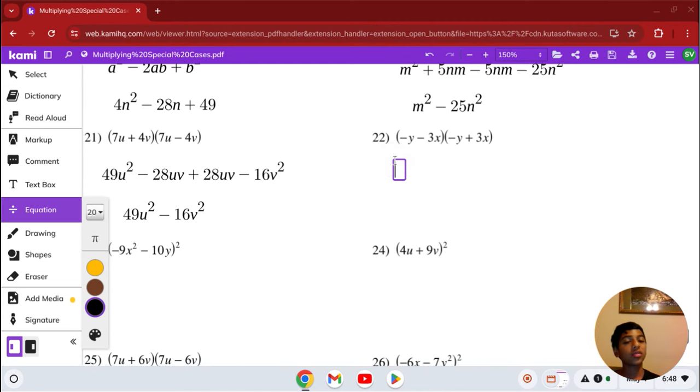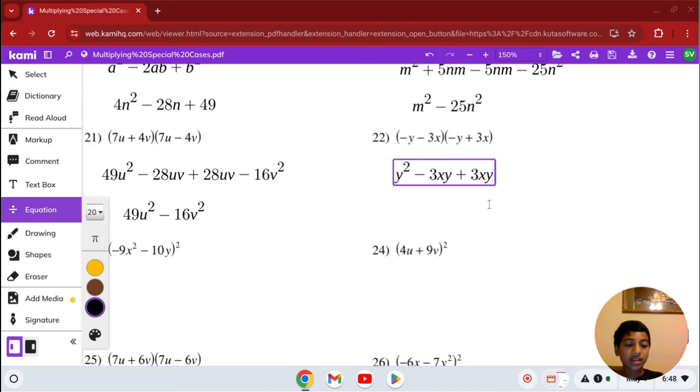22, we have (negative y minus 3x) times (negative y plus 3x). We can simplify this to y squared. Negative y times 3x is minus 3xy or 3yx. And then negative 3x times y is plus 3xy.